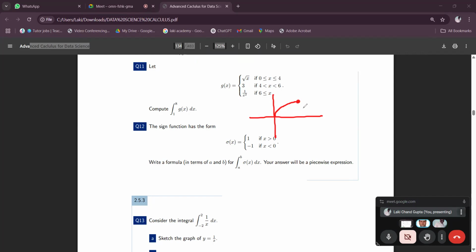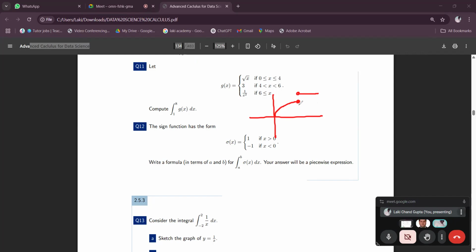From 4 to 6, it is 3, a straight line, y is equal to 3. When you put x equal to 4, it is 2, so the 3 starts from here. Discontinuous. Yes, that's right.